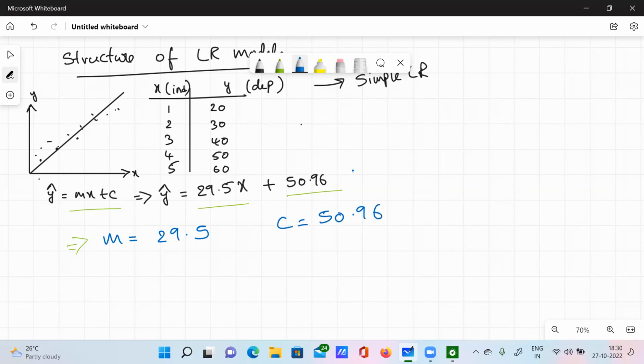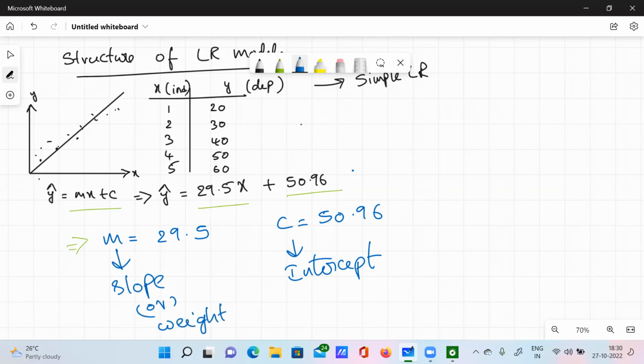So what is meant by c here? C is nothing but our intercept, right? So this is our intercept. And what is meant by m here? This is nothing but the slope, or you may call it the weight, or you can also call it the coefficient parameters, right?